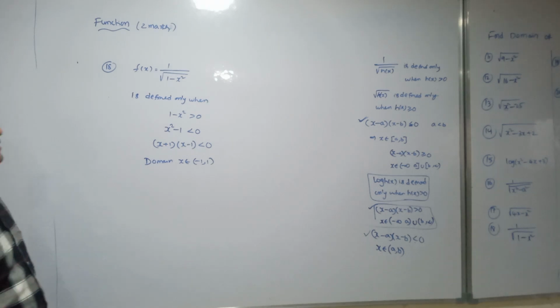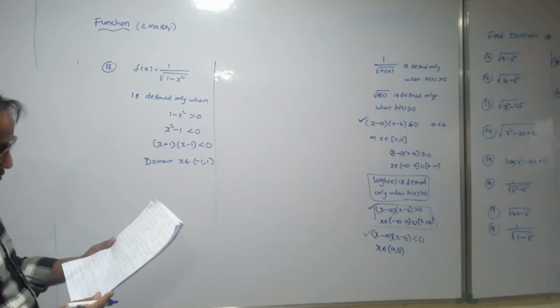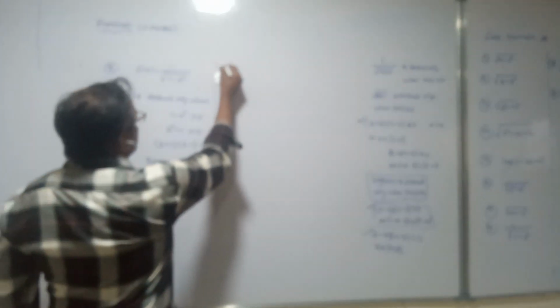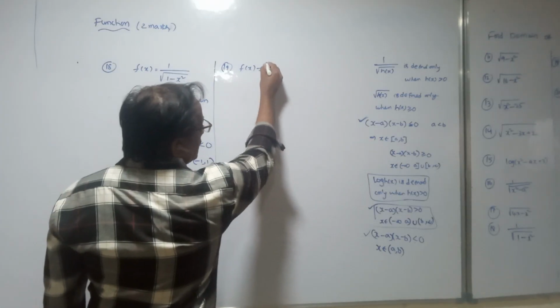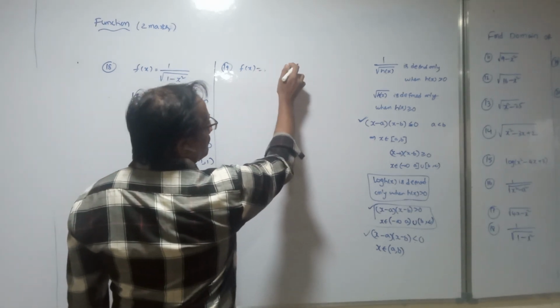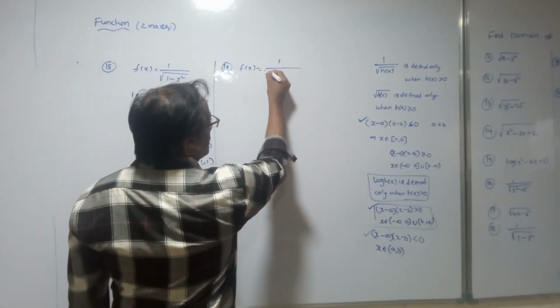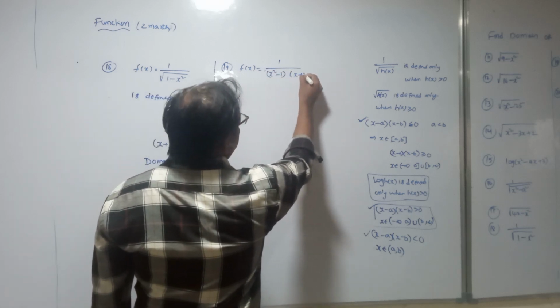Okay. Now the next one. Domain of f of x is equal to 1 by x square minus 1 into x plus 3.